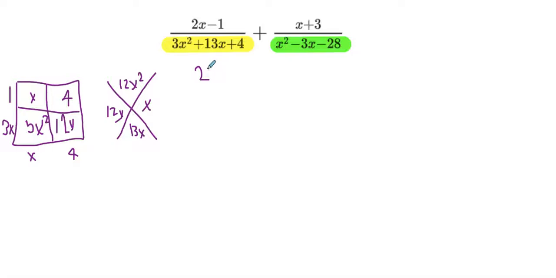So this first fraction is rewritten as 2x minus 1 over 3x plus 1 times x plus 4.